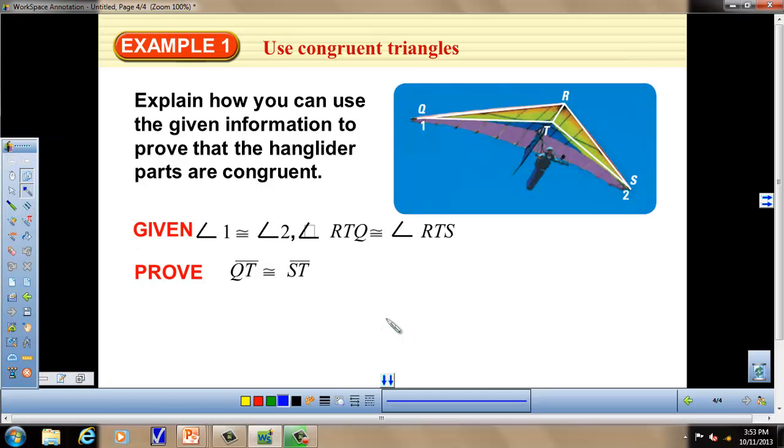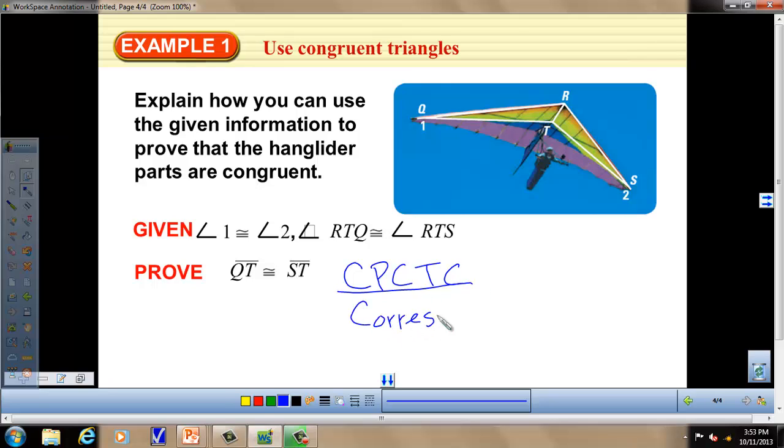All right, we're looking at something called CPCTC in this section. So for CPCTC, this stands for corresponding parts of congruent triangles.